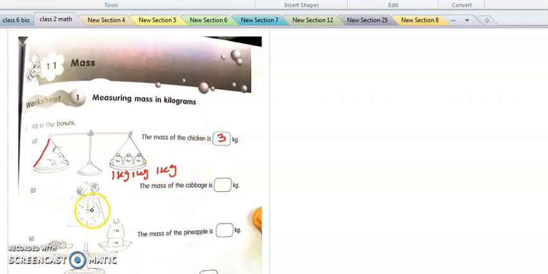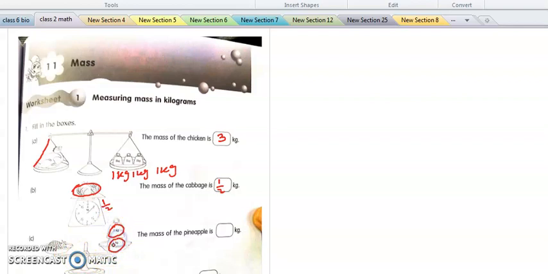The second diagram is showing the scale at 1 over 2. So we can say the mass of the cabbage which is placed on this mass scale is equal to 1 over 2 kg. The third picture is showing a pineapple which is placed on a mass scale and its mass is equal to these two objects.